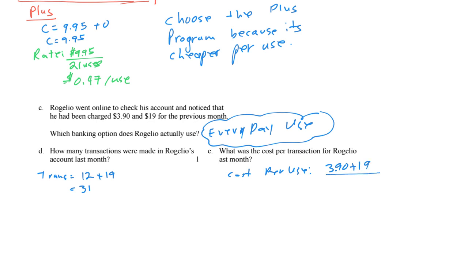Then we're going to divide that by 31 uses, which gives us $22.90 divided by 31, for a final answer of $0.74 per use.